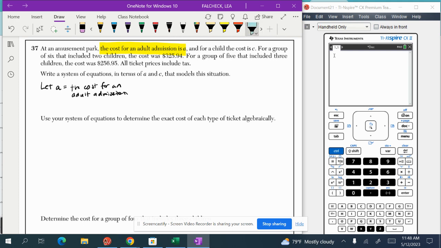Now let's let C equal the cost for a child admission. Okay, now we can kind of write our system of equations.